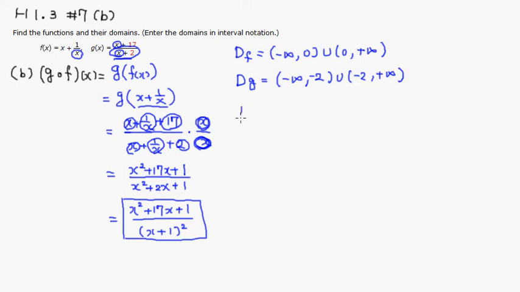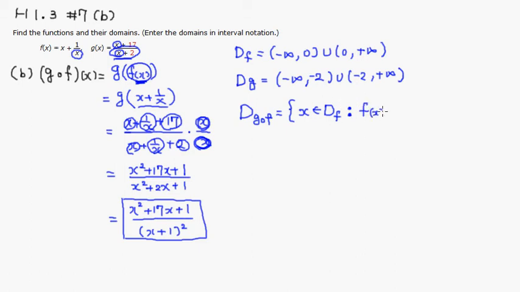All right, now we can find the domain of g of f. Remember that for the domain of g of f, x has to be in the domain of f. At the same time, we have to make sure that f of x is in the domain of g.